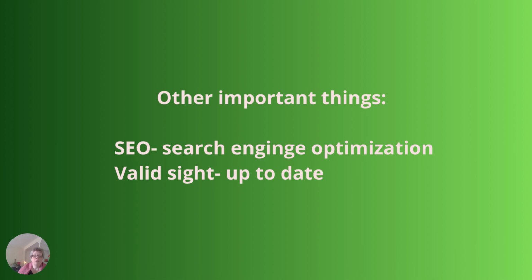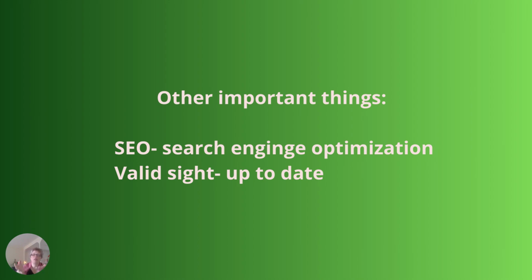It's also important that your site is valid, that it's up to date. And if you can put both a month and a year, that's really good. Created in June 2023. Because when you are updating, people can see that it's not an old website. In this case of LiveGood, that's not a really good example.